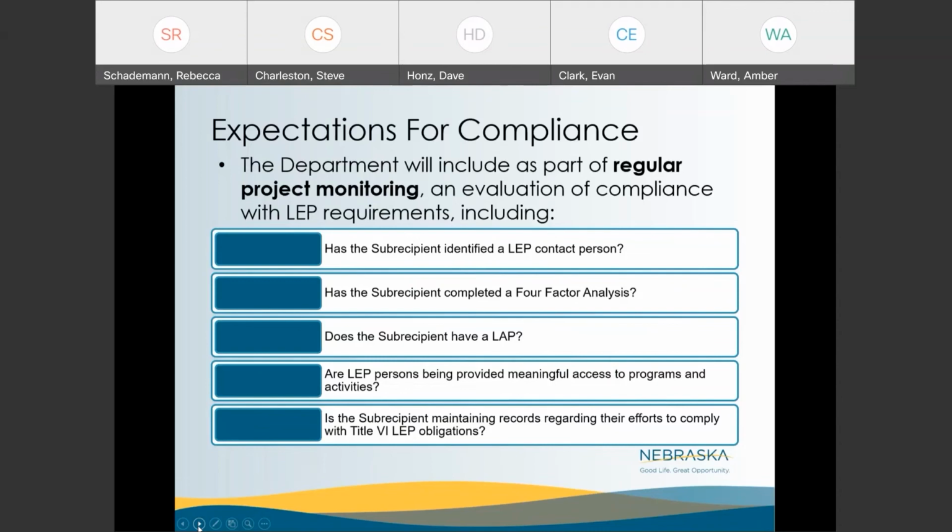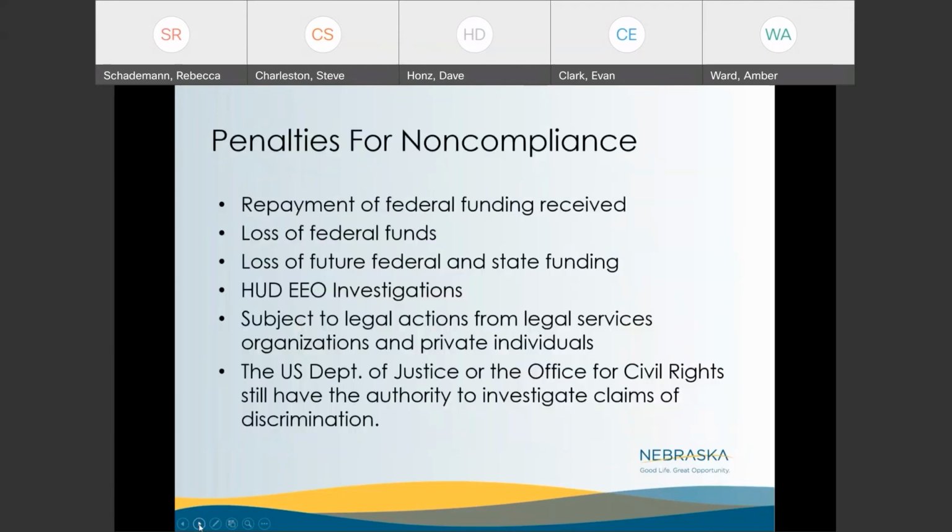Oftentimes, if you provide information to us on how you would be providing services to limited English proficiency persons within your four-factor, you'd be okay. Are LEP persons being provided meaningful access to programs and activities? Is the subrecipient maintaining records regarding their efforts to comply with Title VI LEP applications? So these are questions we're asking, and that you also need to be aware of when implementing projects. Next slide.